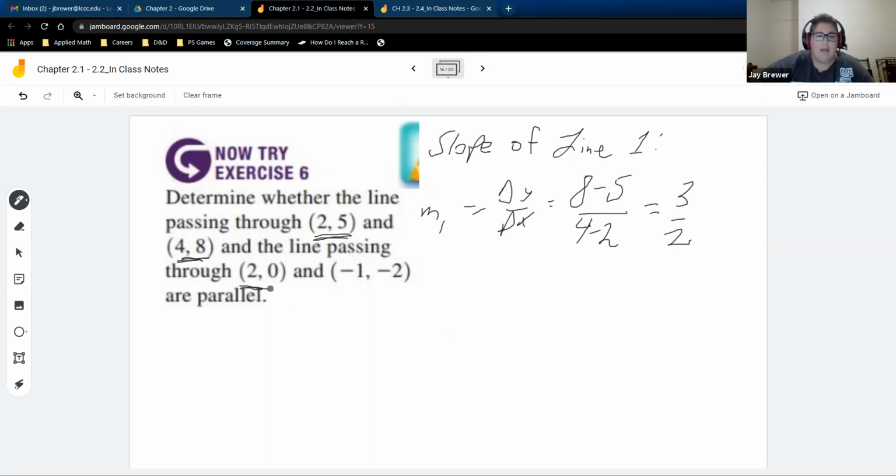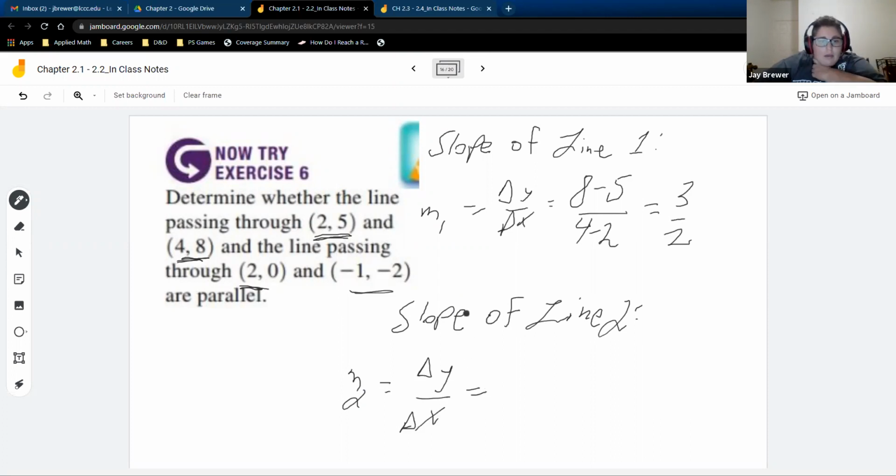And then we're going to have the slope of line 2, or L2. So we're going to have slope 2. Again, change in y over change in x. This time, we can do 0 minus a negative 2 over 2 minus a negative 1.